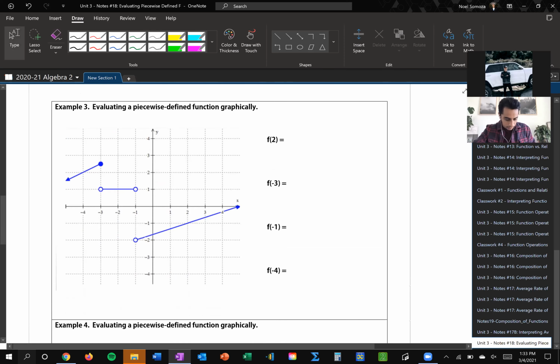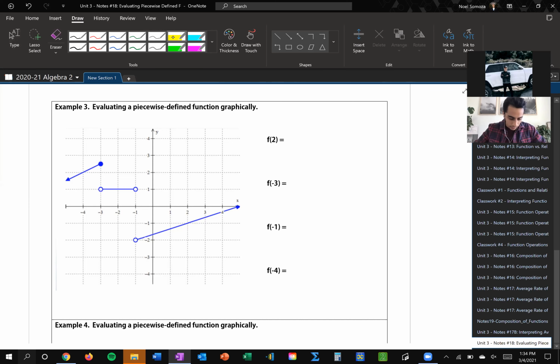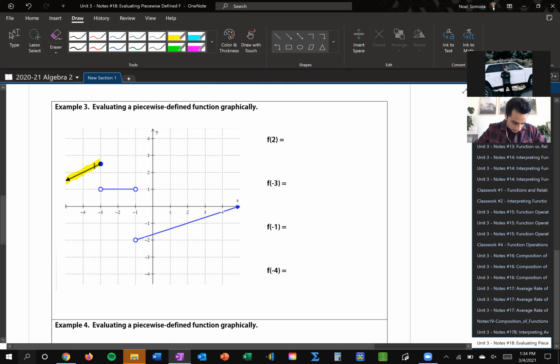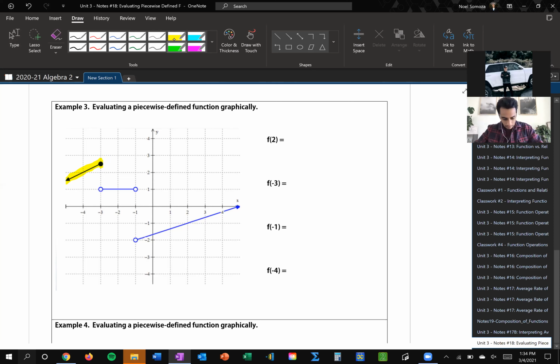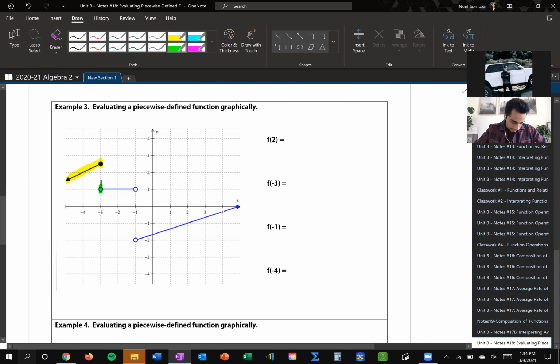Okay, now we're going to do the same thing, but in a graphical evaluation. We're going to evaluate graphically. So now we're given the graph, and this is what a piecewise function looks like on a graph. You have basically multiple mini functions. You'll see how we have our first function, which is maybe a line. It looks like a linear function that ends at this point. You have a second function, which is not defined at -3, but then is constant and then not defined at -1.